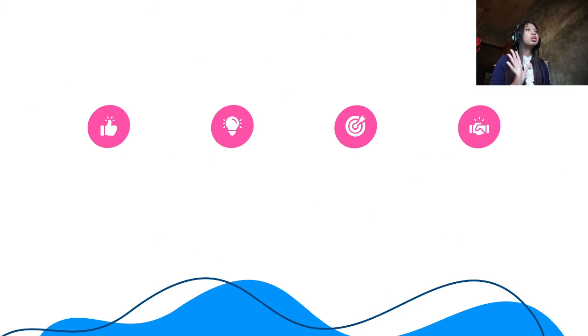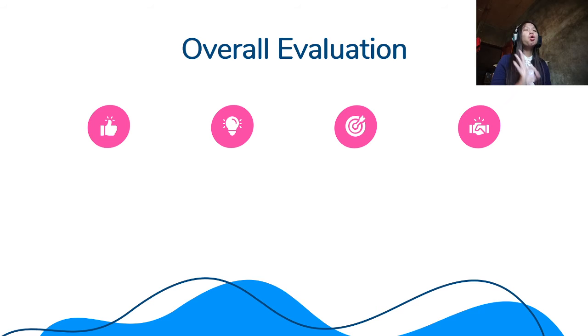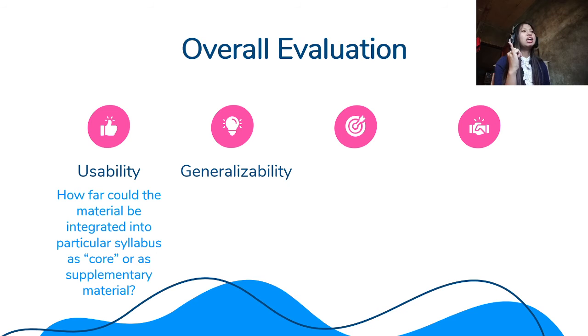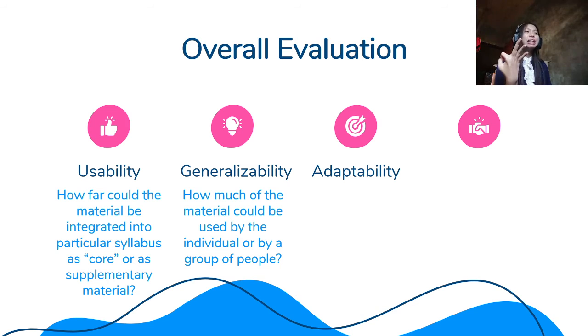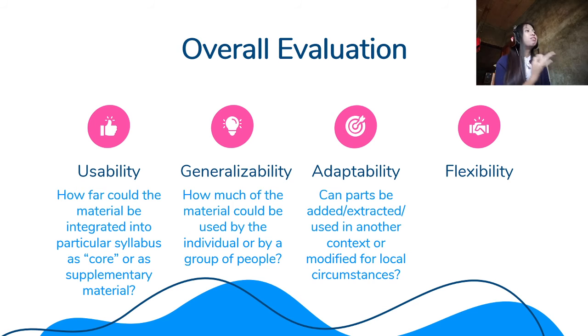Now let's go to the third type of evaluation, the overall evaluation. So it's like the summary or the general evaluation. Okay, overall evaluation indicators include usability, generalizability, adaptability, nakaka-adjust ba, flexibility.